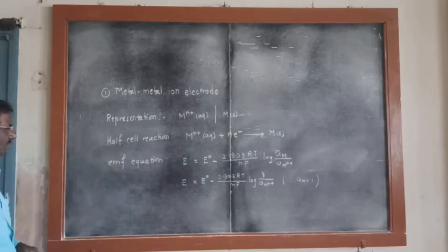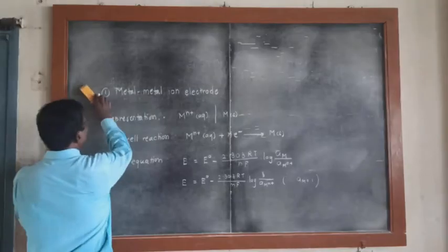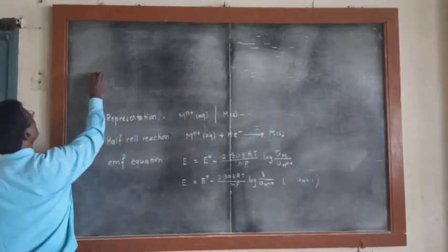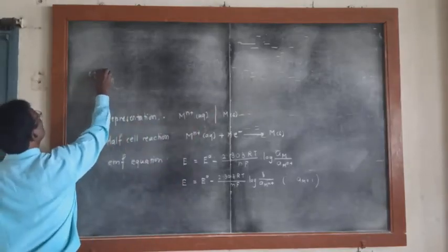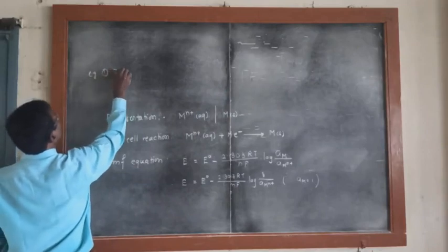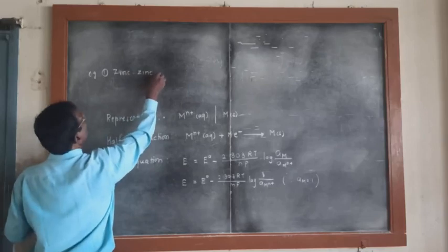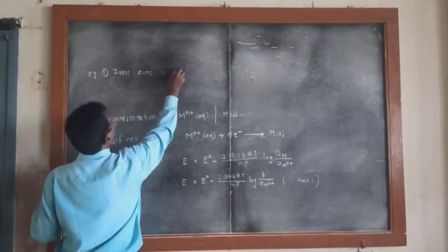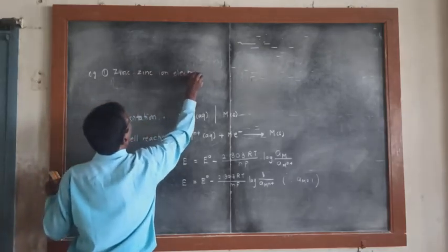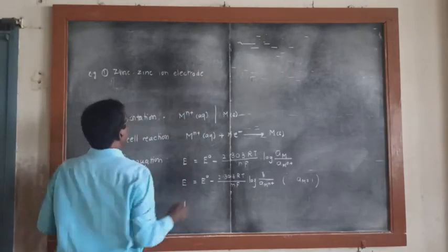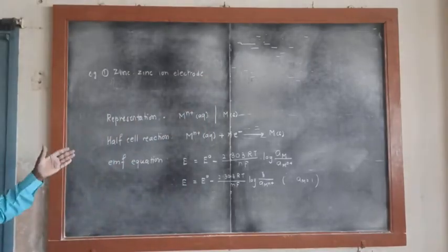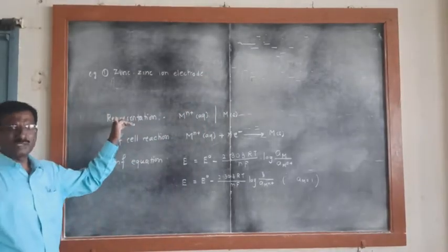Then you have to take one example: zinc ion electrode. In this electrode, the metal zinc is in contact with its ions.